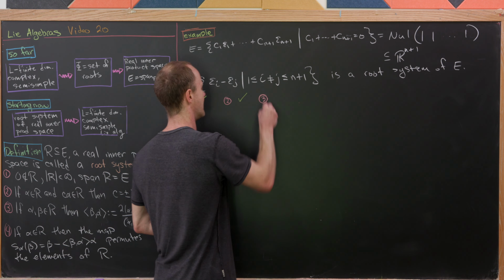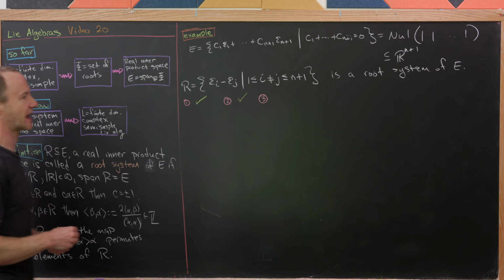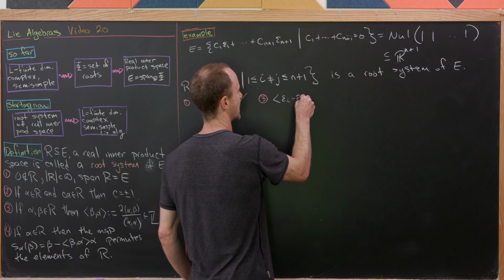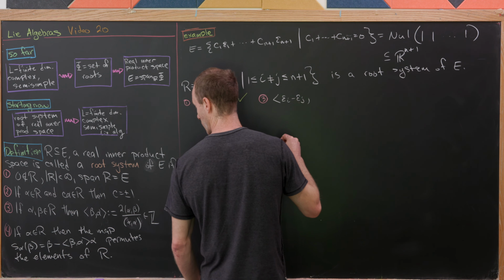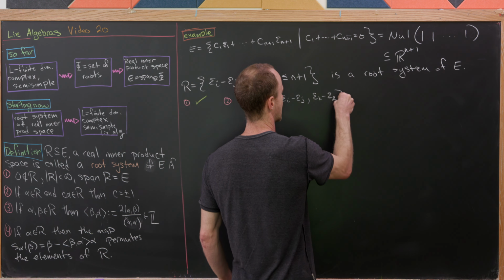Now let's look at this third one, and that has to do with this angle bracket right here. So let's take the angle bracket of this epsilon i minus epsilon j with, let's say, epsilon k minus epsilon l.